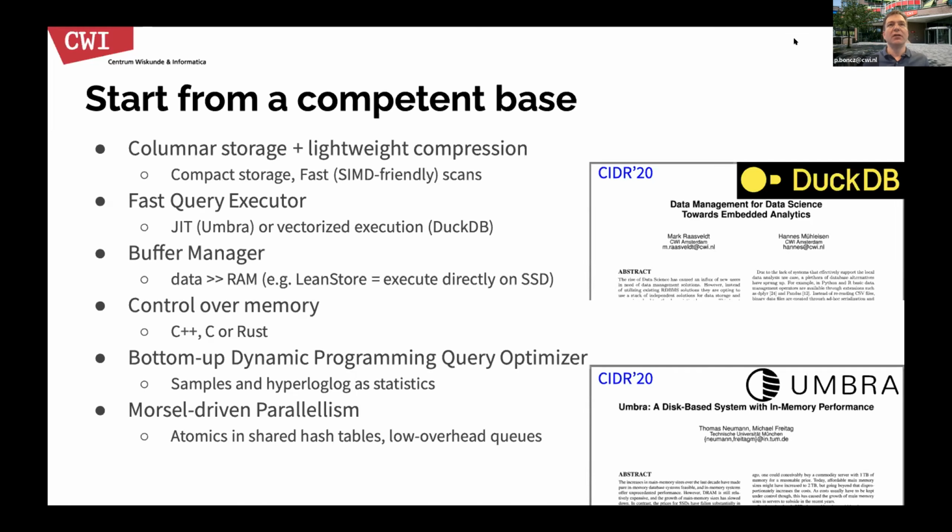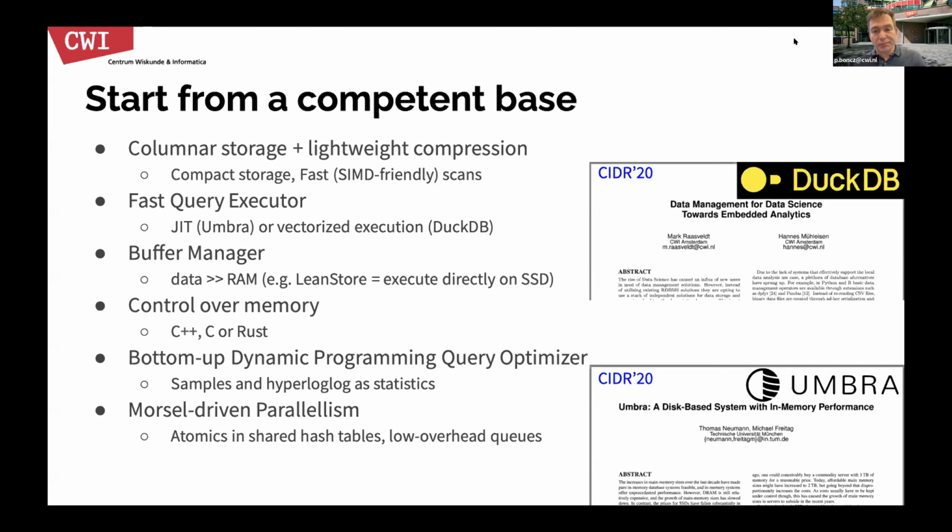which is very good. Then you would pair this with a fast query executor. So something that executes some kind of algebra efficiently. And there are 2 techniques for that. One is just-in-time query compilation, a technique that has been demonstrated to work very well in the systems Hyper and Umbra of TU Munich, and also other systems by now.